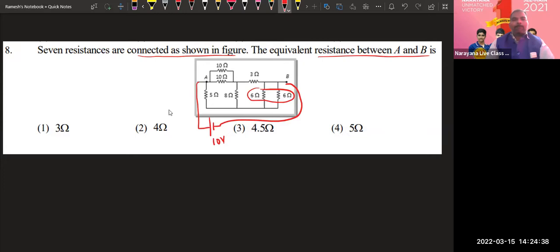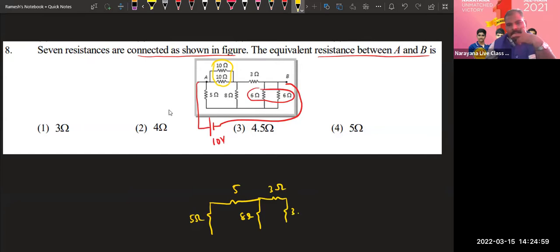Parallel, right? Anyway, I will redraw once again. And 10 ohm and 10 ohm are also in which combination? Parallel. So the remaining circuit I can write as 5 ohm, 5 ohm, 8 ohm, 3 ohm, and 3 ohm.